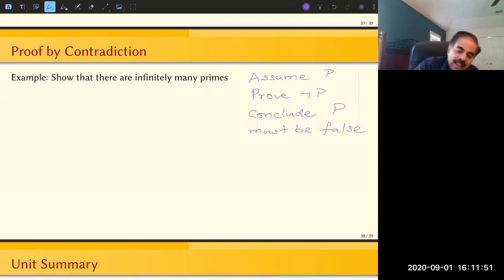The second thing you can do, which is actually very similar, is you just negate everything over here.